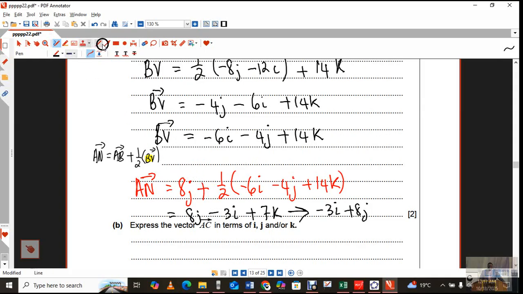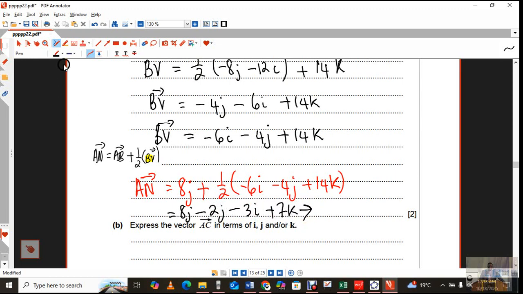I'm running out of space. I'm just going to quickly redo this one in terms of the brackets. I have got 8J, then a half of 4J, that is minus 2J. So I'm putting my J's together. And a half of that is minus 3I, and a half of that is plus 7K.